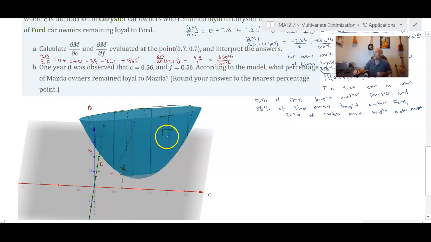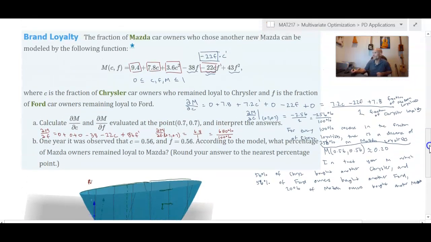So it really depends on the point that we've picked, and that's illustrated by the fact that the partial derivatives' values depend on the current C position and F position, and here as well on the current C position and the F position. And we see there's some minus signs in here. So on some locations of this surface, there could be a negative slope or a positive slope, depending on which of those locations we're standing at.